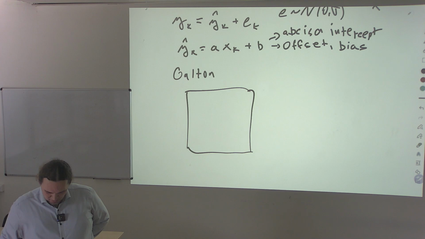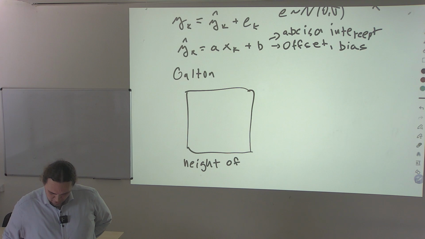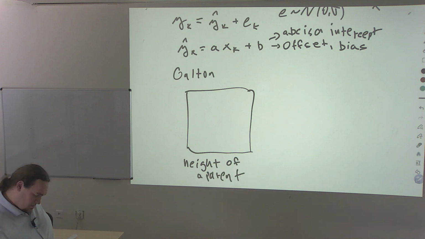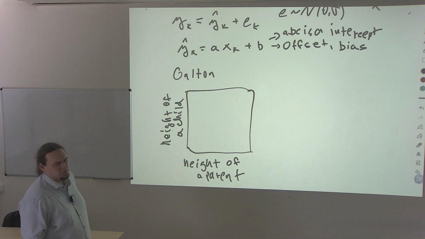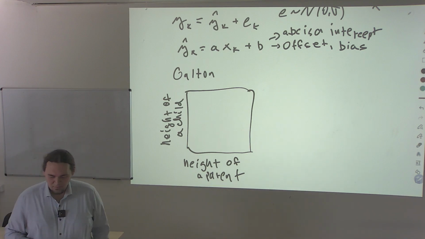So he was then constructing this sort of graph, like height of a parent, and then the height of a child, of course probably some grown-up.